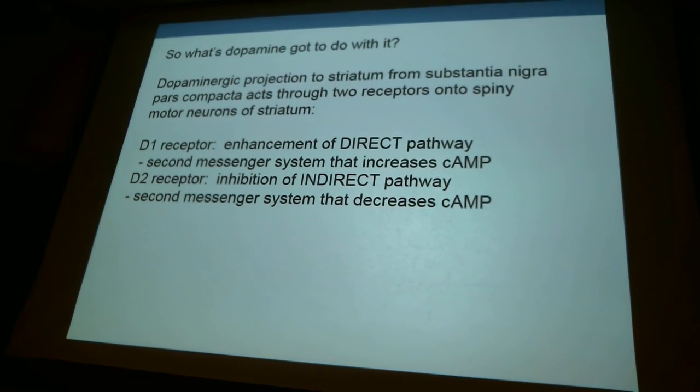And just for completeness, the reason it has a different effect is that the D1 receptor activates a second messenger system that increases cyclic AMP, and the D2 receptor has a second messenger system that decreases cyclic AMP. So the reason those receptors have a different effect is because their second messenger pathways do different things.